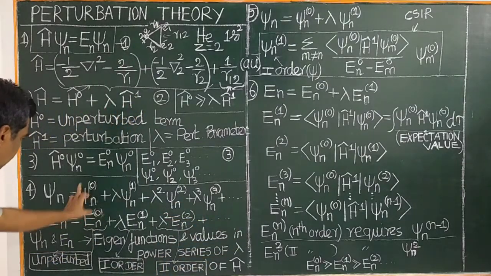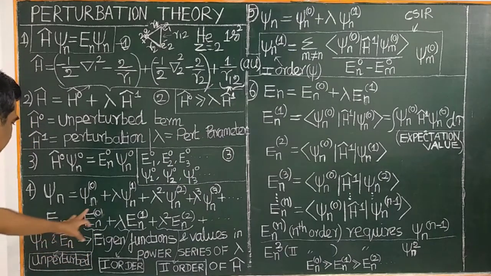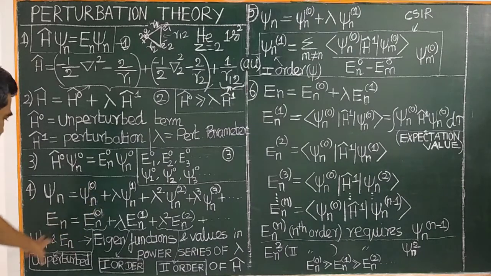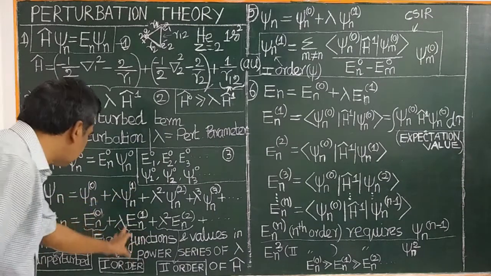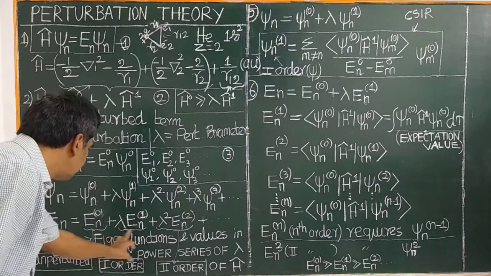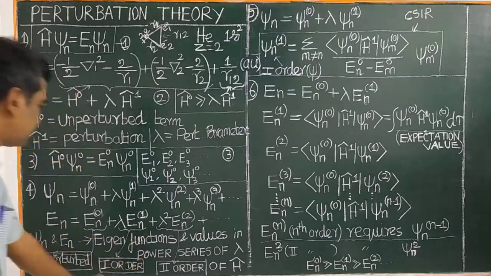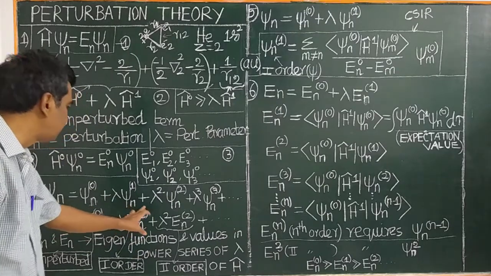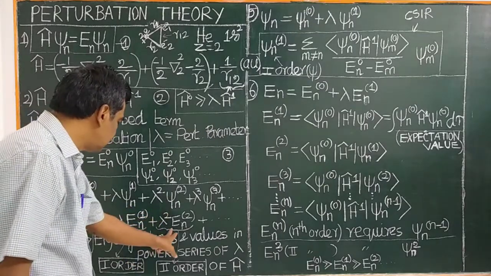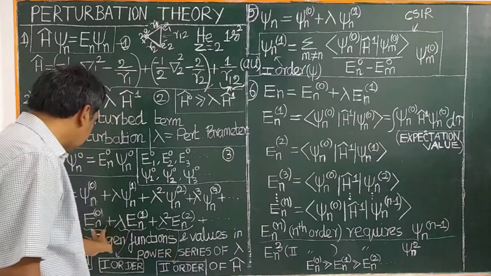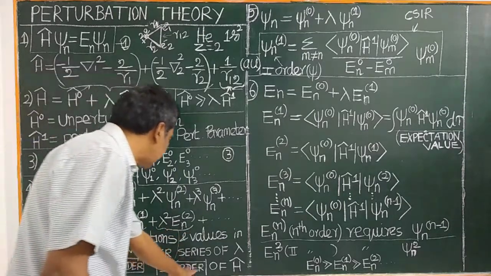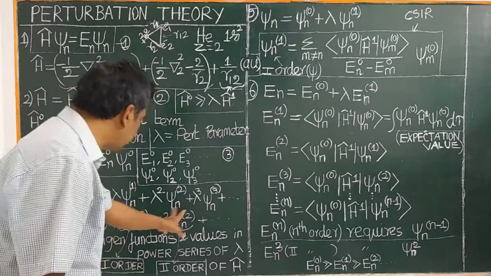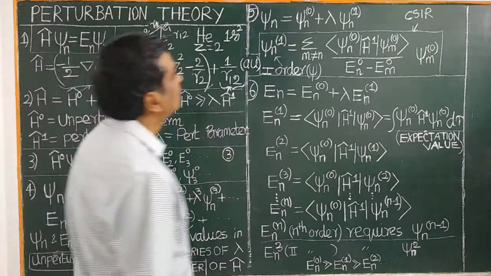The first term is the unperturbed wave function or unperturbed energy, for the unperturbed system. The second term is the first order energy correction and first order wave function correction. The third term is called the second order energy correction, and second order wave function correction.